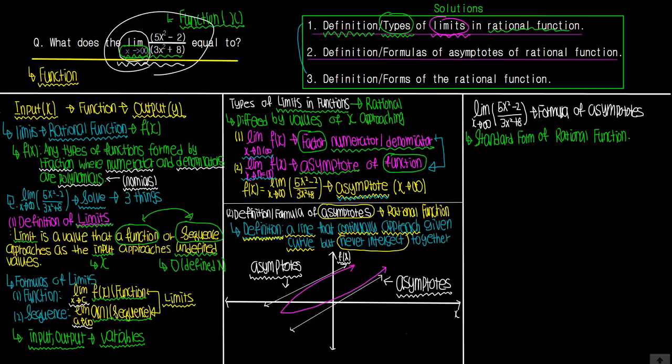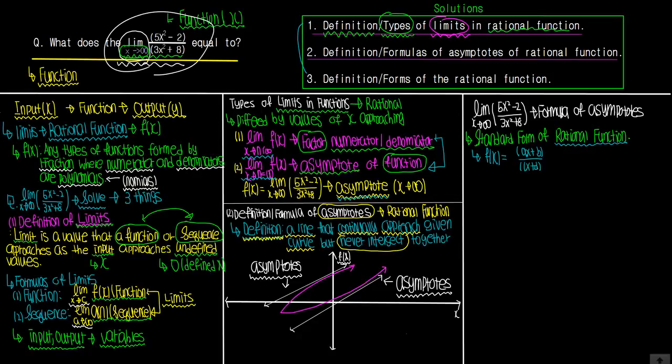Well, the standard form of our rational function, which means the most basic format, is that every single function starts with f of x, and f of x is going to be ax plus b over cx plus d.